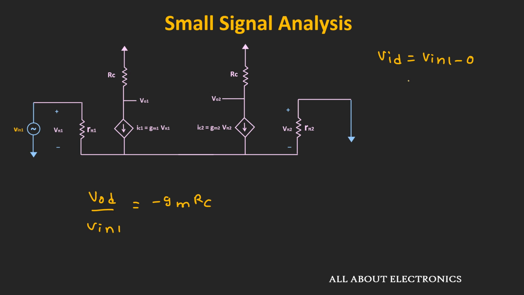That means VID is equal to V in 1. So we can say that in this case, this differential gain, that is VOD divided by VID, is equal to minus Gm times RC. That means in this case also, the differential gain is equal to minus Gm times RC. And the same is true if we apply the input at the other end and ground this left hand side.